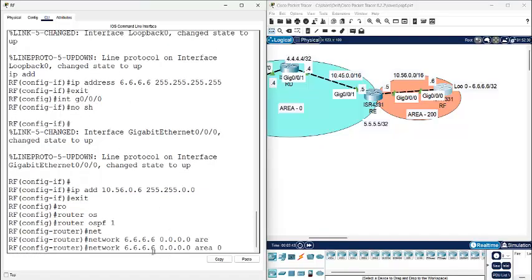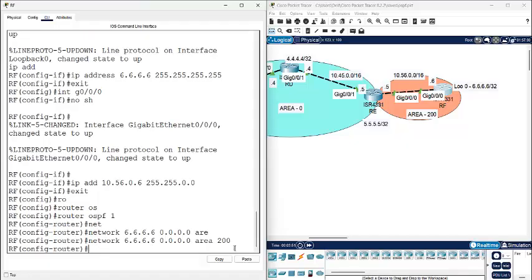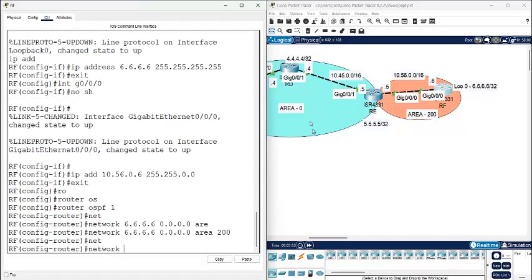We are saying how many octets must match. For example, the next, the physical interface 10.56, which means I want to match only 2 octets. So I say 10.56.0.0 0.0.255.255 because I want only 2 octets to match.